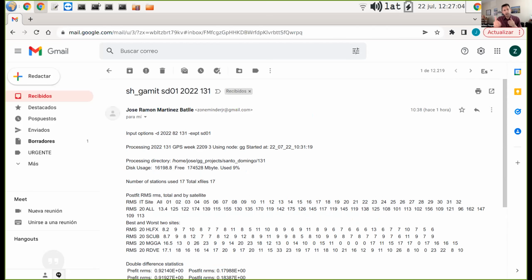But Gamut updates the a priori coordinate, so if it's inaccurate, it updates it to a new version. So maybe the first day was not so good, but the second day was better because the a priori coordinate was better. Okay, that's good.